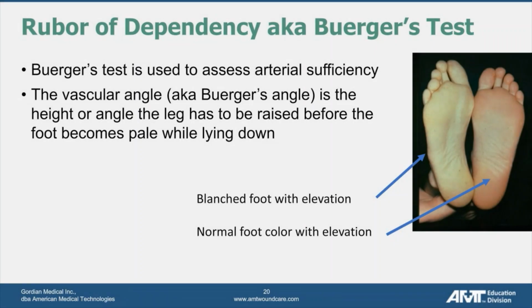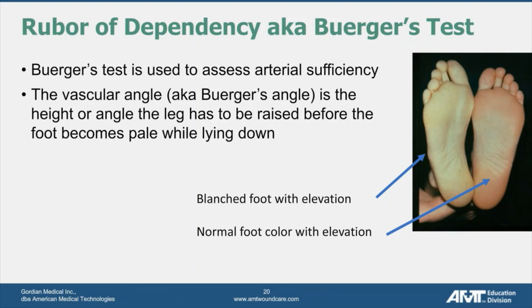Here's the rubor of dependency again, also known as the Buerger's test, which is a nice test to quickly assess for arterial insufficiency. You don't know the exact severity, but you know it's there. This angle is called the vascular angle, also known as the Buerger's angle, the height or angle that the leg has to be raised before the foot becomes pale when the person is lying down.